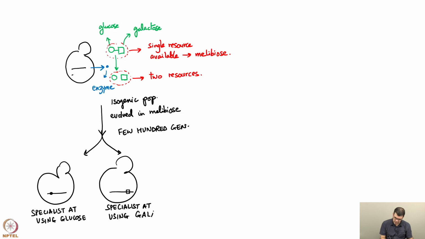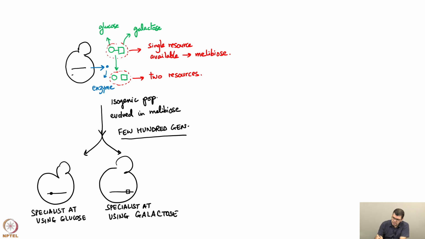So this diversification takes place in the period of a few hundred generations, when the starting population was isogenic, identical as far as the genotype of every individual was concerned.